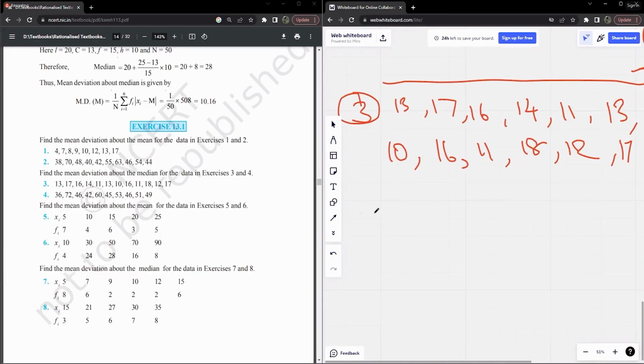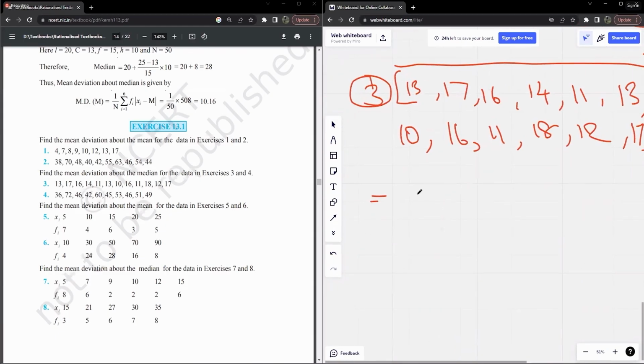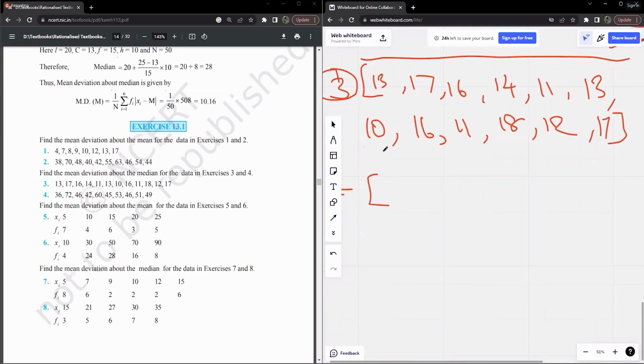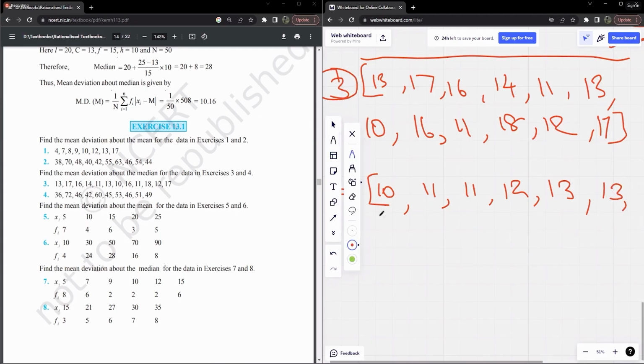So arranging this data set, it is basically equal to the data set of 10, 11, 11, 12, 13, then I have, wait a minute, I have two 13s. So this is not a 14, this will be a 13 again. Then I have a 14, then I have two 16s, then two 17s, and an 18.